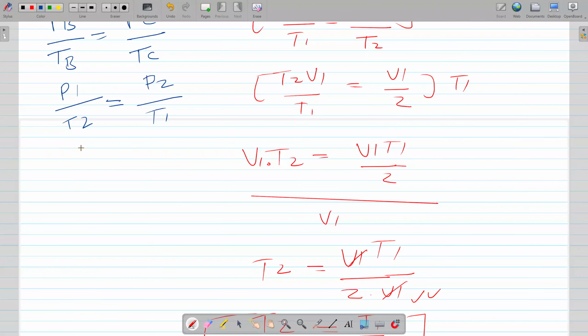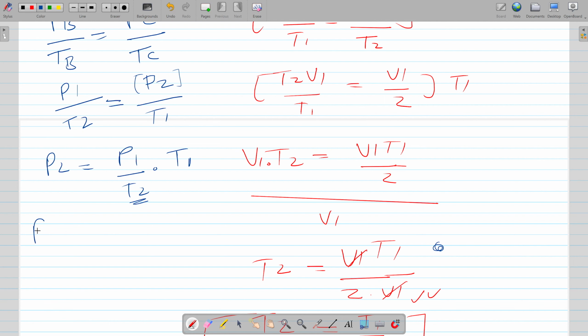So to calculate everything here, we just have to make P2 the subject of the formula. To do that, I'll just multiply both sides by T1 to get P2 is equal to P1 divided by T2 multiplied by T1. So to get our final answer, we just need to substitute T2 with the value we got from the previous question over here.